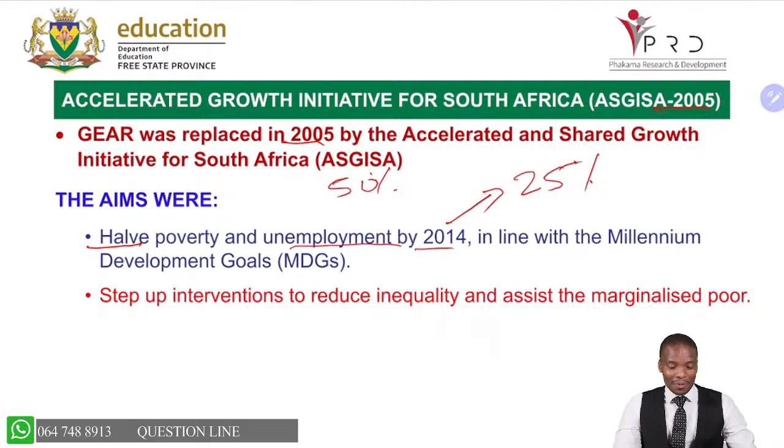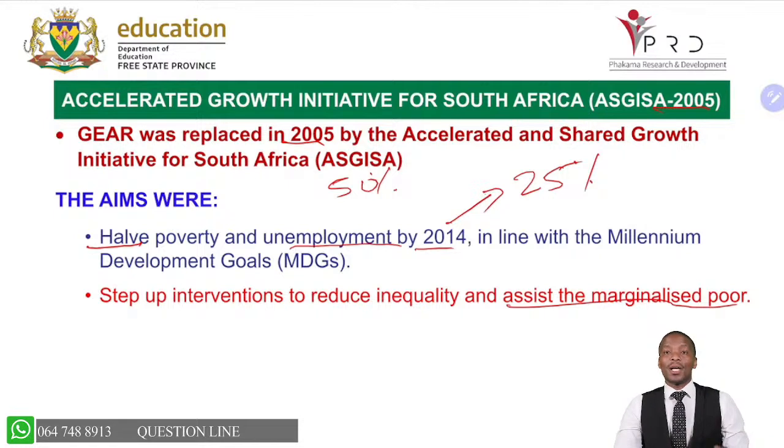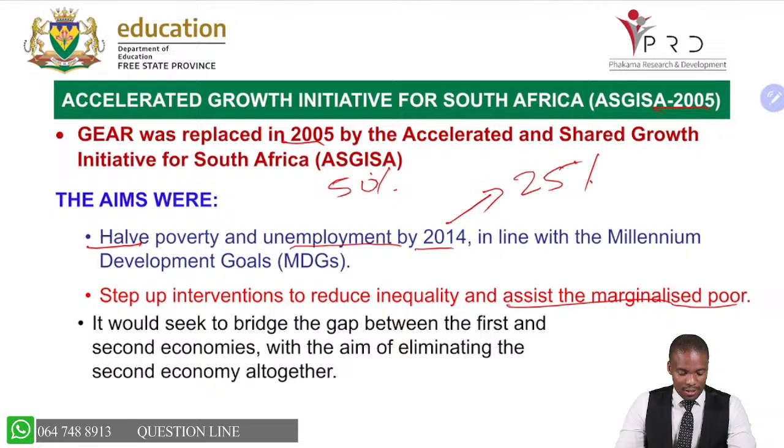It was to set up interventions to reduce inequality and assist marginalized people. That means those people who are poor. But we realize that the gap between the rich and the poor keeps on widening each and every day because of poor government policies.